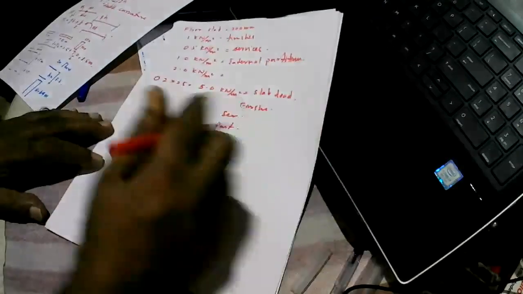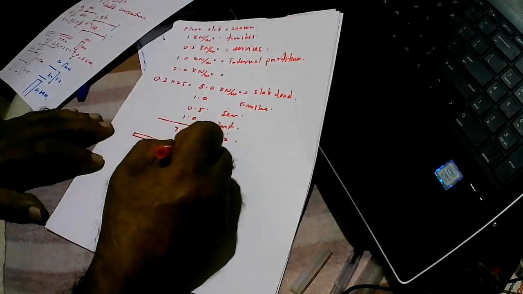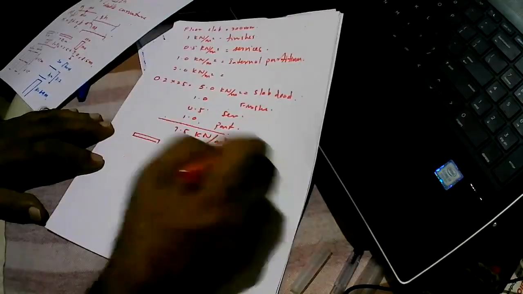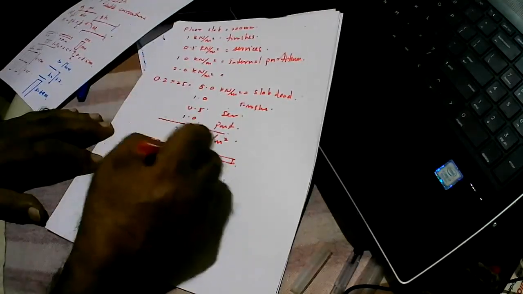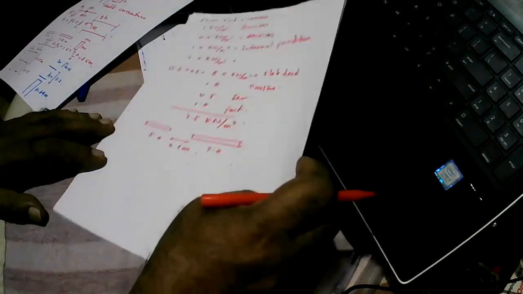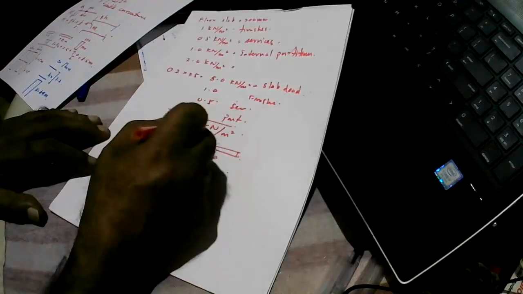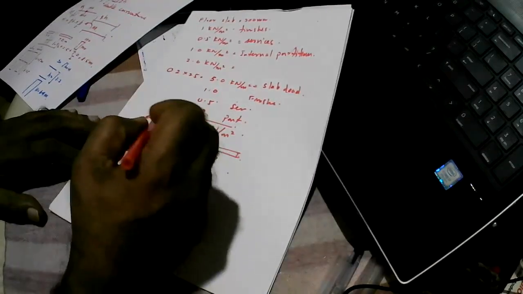So then we have to see how much load is actually transferred onto each wall. We have two walls, 7 meters and 5 meters, separated by 2.5 meters. We consider that the load on this area will act here.